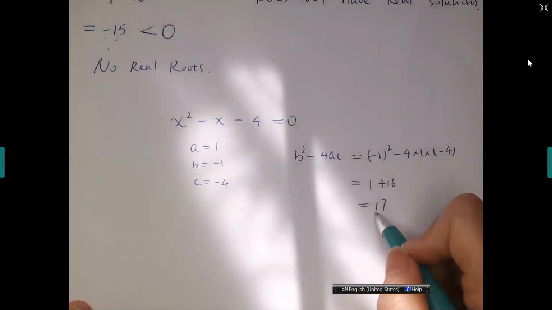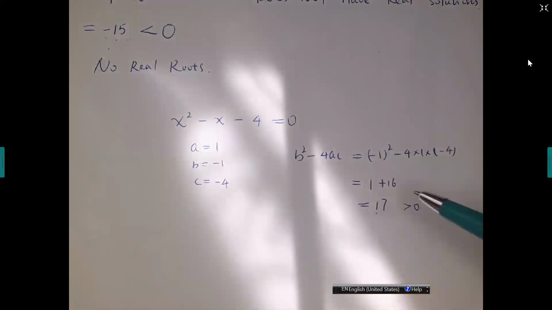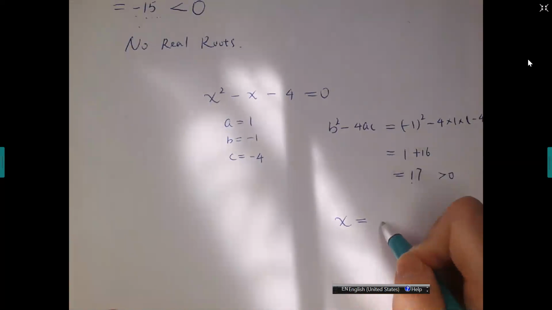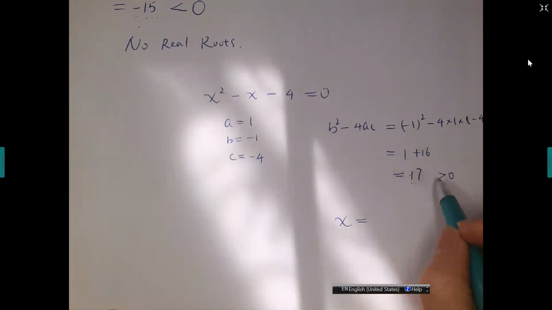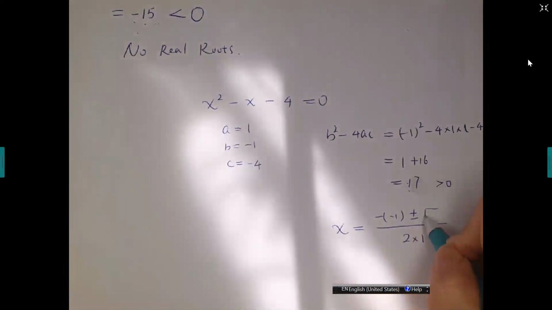If this is a positive number greater than 0, then we can go ahead and plug them into the quadratic formula. So x equals, it means it has two solutions, negative b plus or minus square root, over 2a.